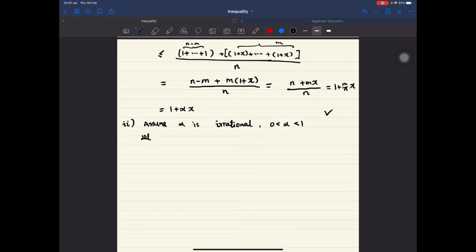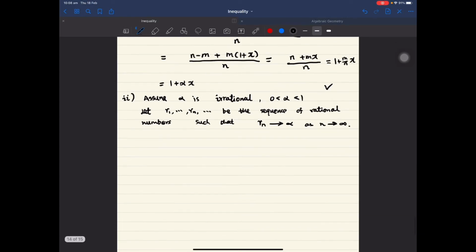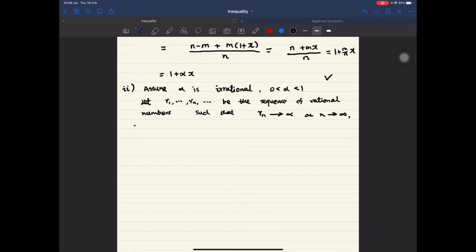So we let r1, ..., rn be a sequence of rational numbers such that rn goes to alpha as n goes to infinity, and rn is between 0 and 1 for all n.